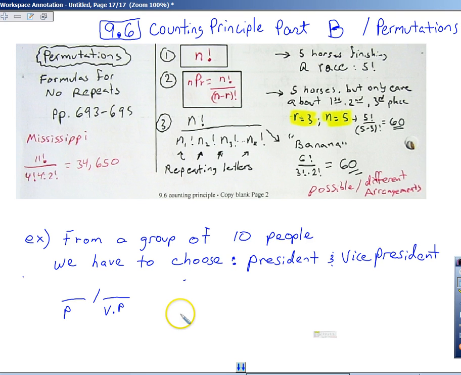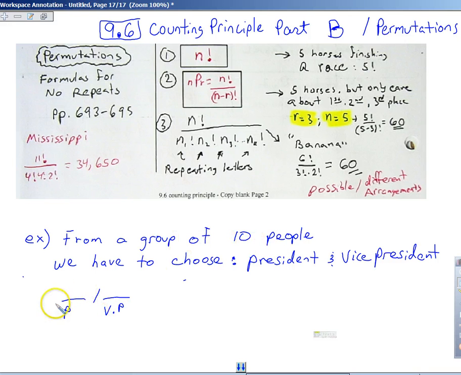Another example in which permutations are often used: consider a race for president and vice president, or let's say an election of president and vice president from a group of 10 people. In this case, we care about 2 spots.